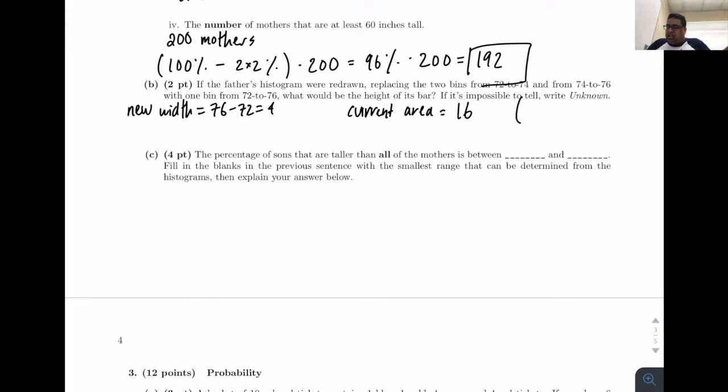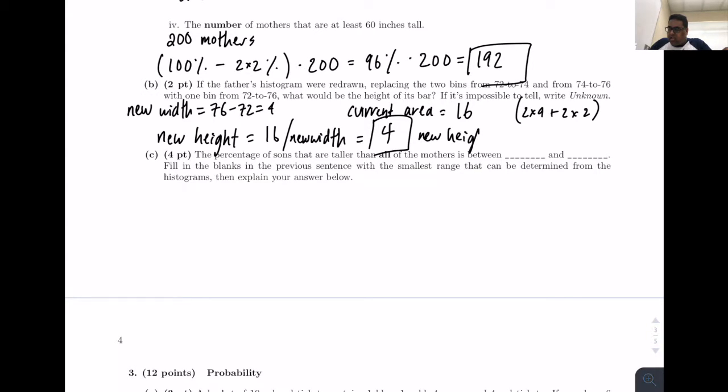So we need our new height. Since we need the same area, we would take area divided by new width, so that will also be 4. So the new height is also 4 percentage units.